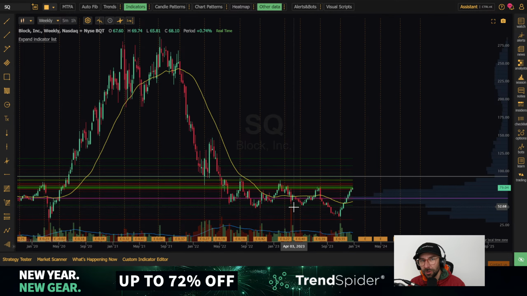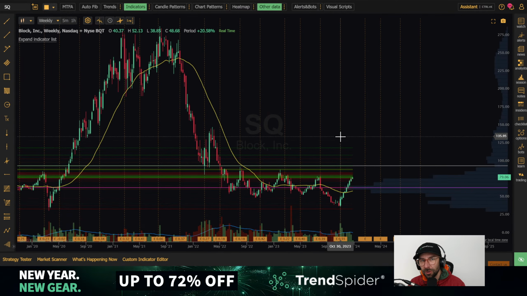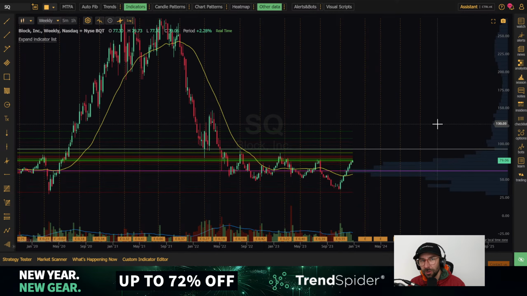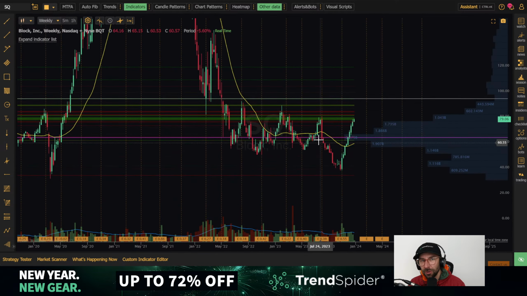Stage 1 is where price tries to break up and over a flattening 30-week SMA. Whenever I see charts that look like this, I always check the 30-week. For me, you're coming right into previous highs, those July highs.